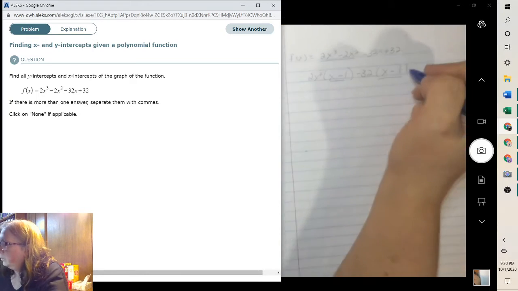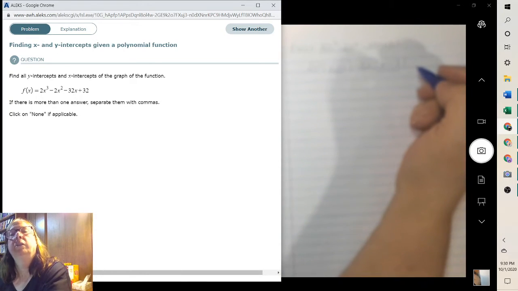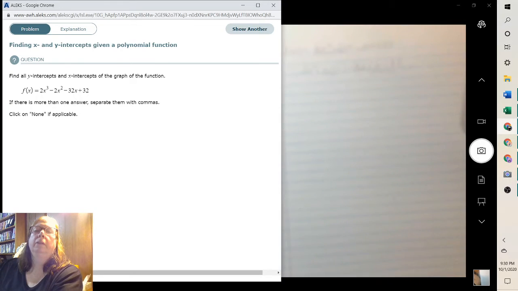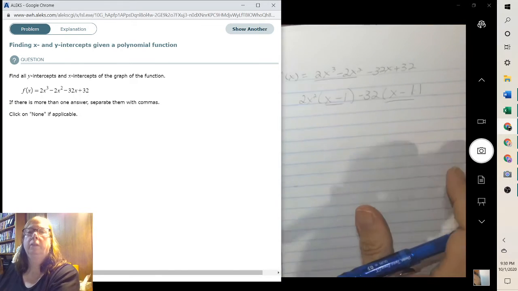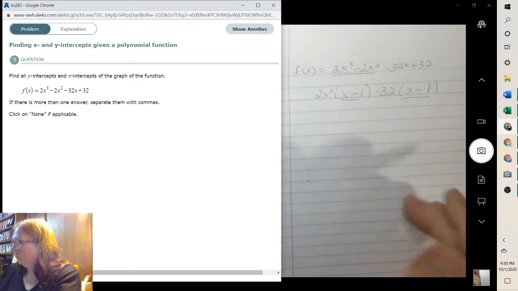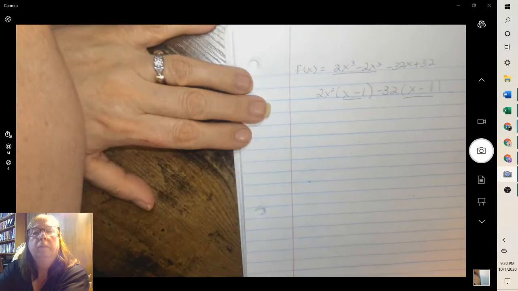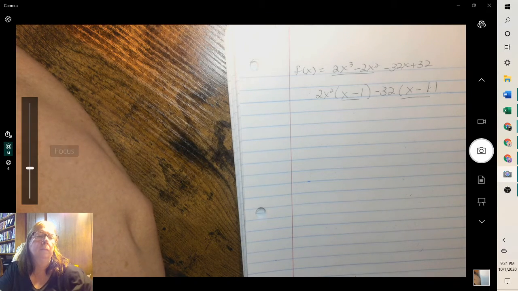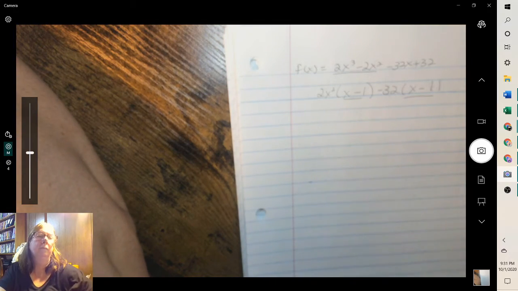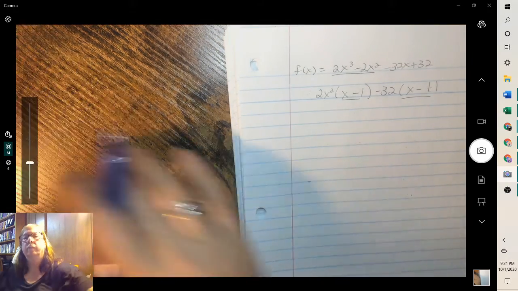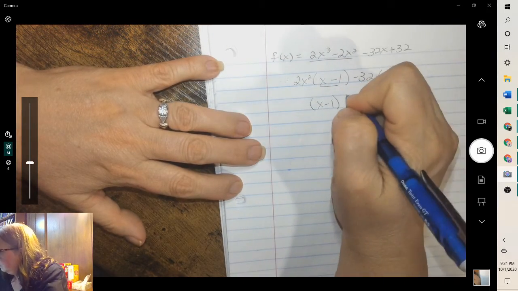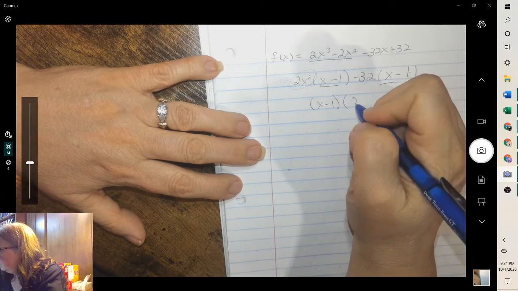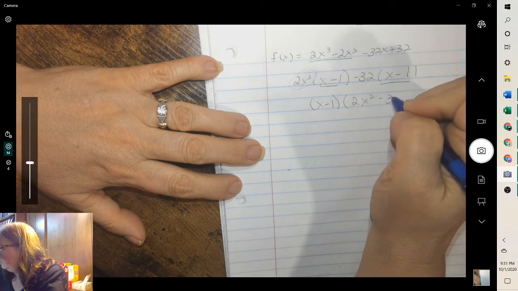The x minus 1s are the same, or you did something wrong. So the x minus 1s are the same, and we're left with 2x squared minus 32.